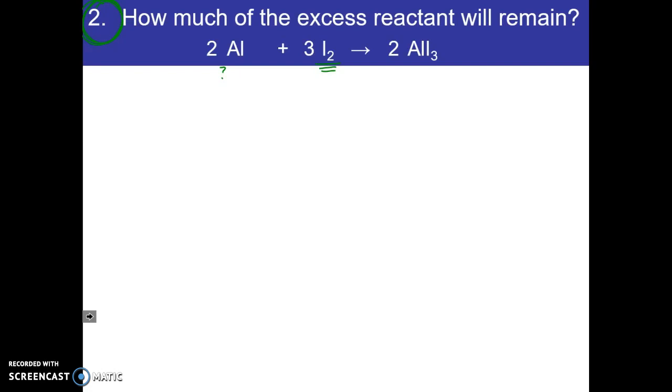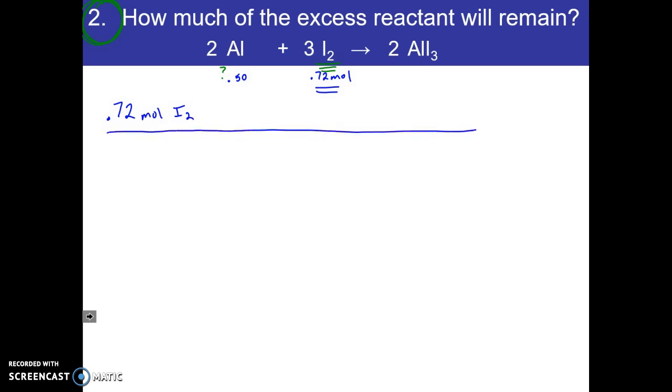What we're going to do is take the amount of iodine that we started with, which was on the last slide, 0.72. We had 0.72 moles, and then we had 0.50 moles. So we're going to start with the limiting reagent, 0.72 moles of I2, and convert that into moles of aluminum.